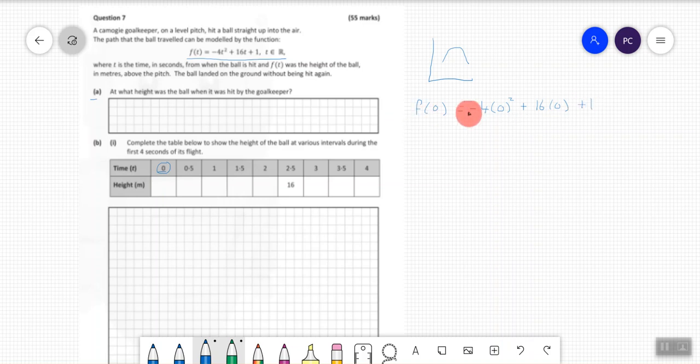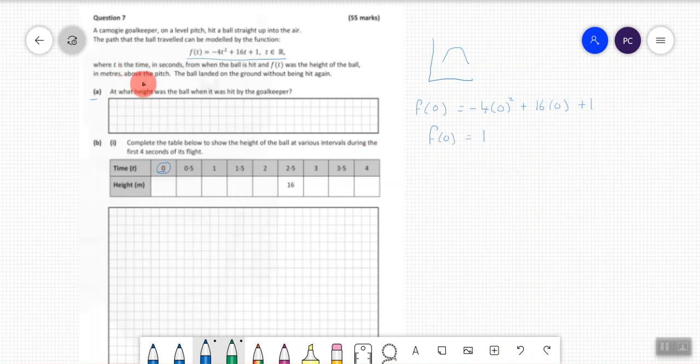Make sure and write this out like this because you're going to get marks just for doing this. So f(0) is going to be equal to, this whole term here is 0, and 16 times 0 is 0, and then you're just going to be left with 1.